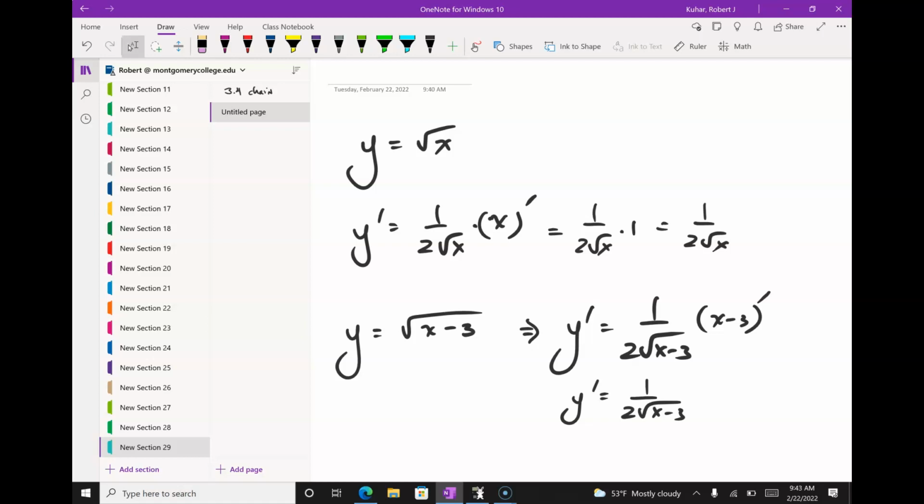You did the derivative of the square root of x minus 3, that's 1 over 2 square root of x minus 3, and then you multiply by the derivative of that inside function, yep, which is 1. Where is the inside function? You tell me, what's the inside function here? Oh, x minus 3. Yep.